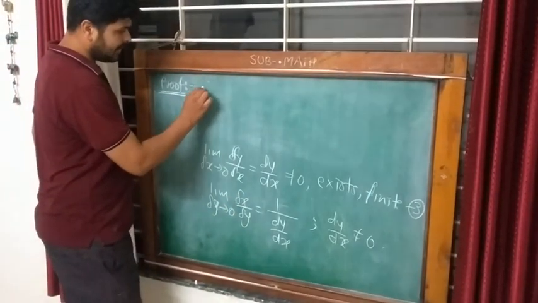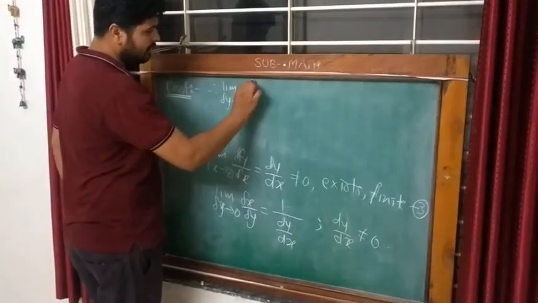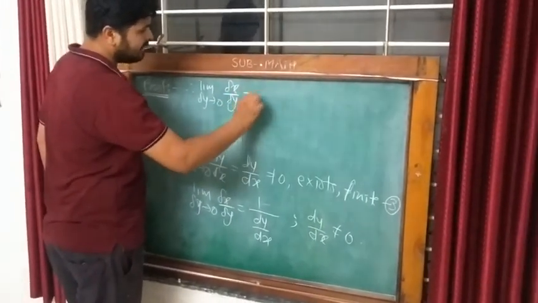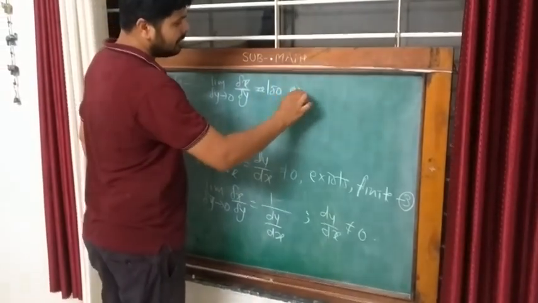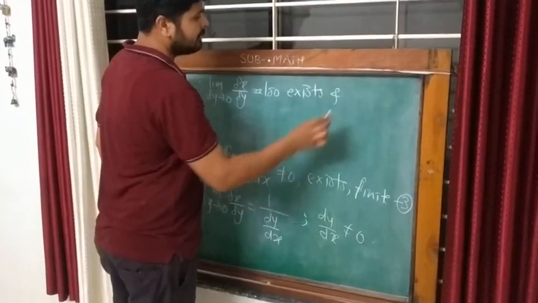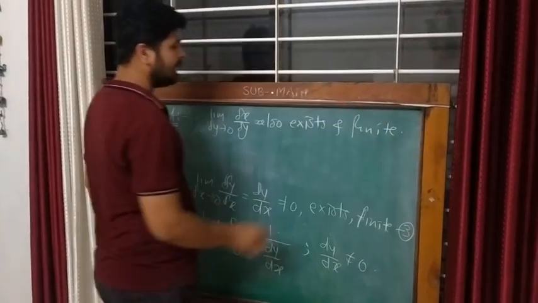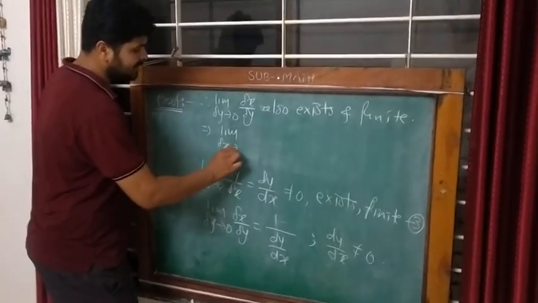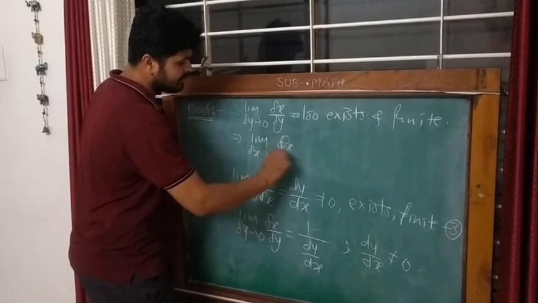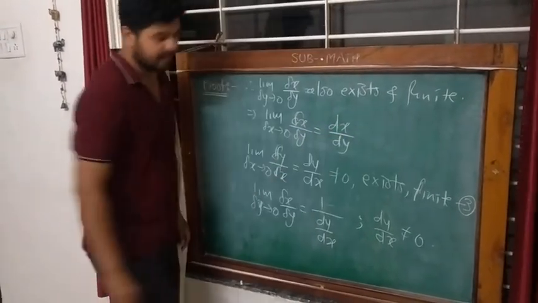So therefore limit delta y tends to 0, delta x upon delta y also exists and is finite, and we assume this limit, limit delta x tends to 0, delta x upon delta y, is equal to dx by dy.